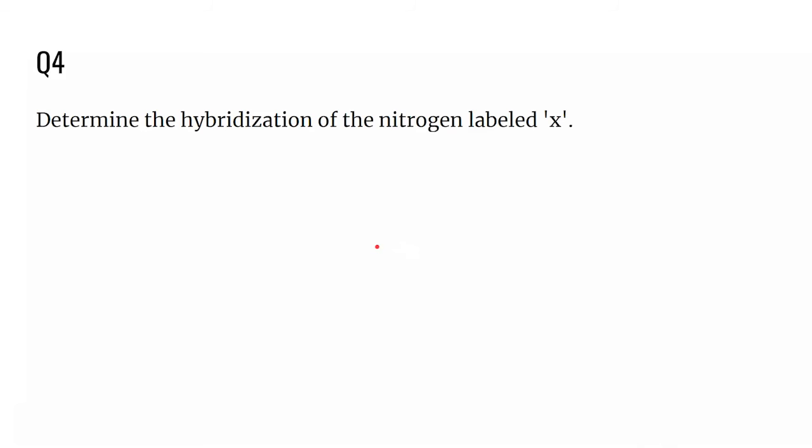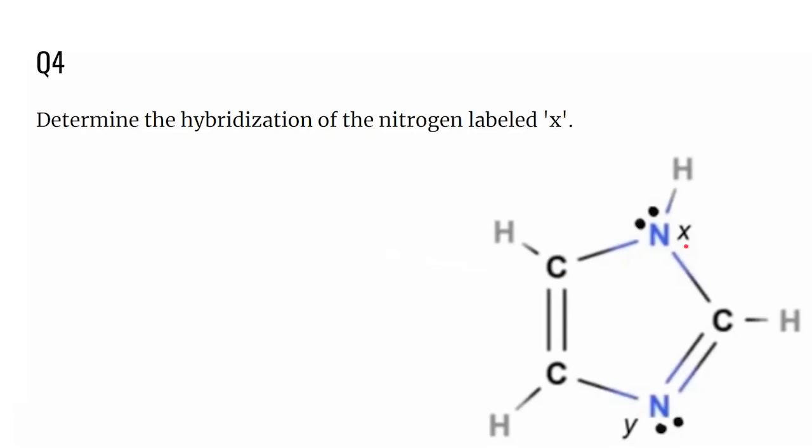The next question, question number 4, determine the hybridization of the nitrogen labeled X. This time, nitrogen is surrounded by four electron domains, which means it has sp3 hybridization.